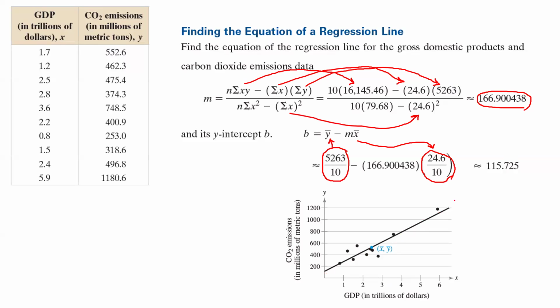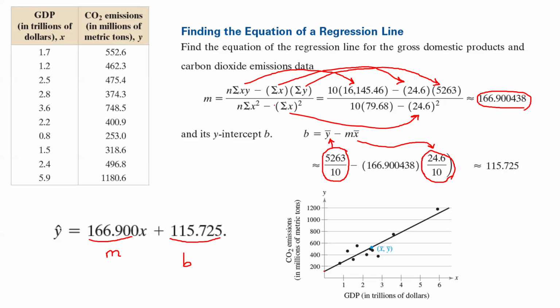And as you can see, it passes through x bar, comma, y bar. From the slope of the line, you have a positive slope. And as you can see, the line is increasing as well. And this is your y-intercept, which is 115.725. So if I ask you to write down the equation of your regression line, you're going to write y hat equals m, slope of the line, times x plus b.